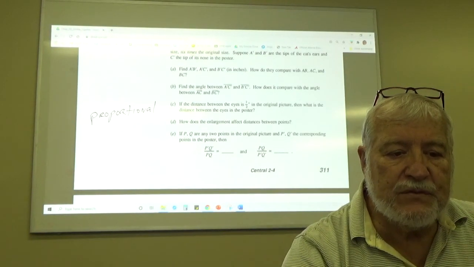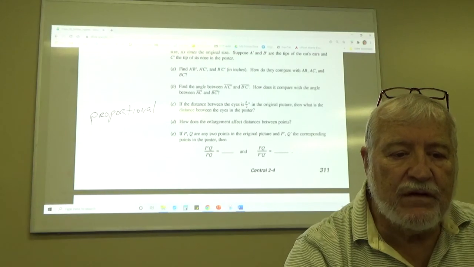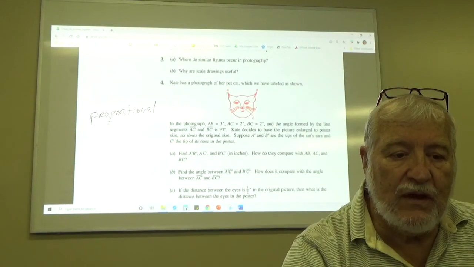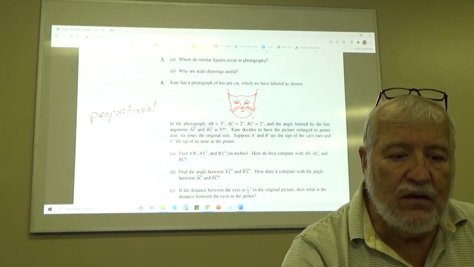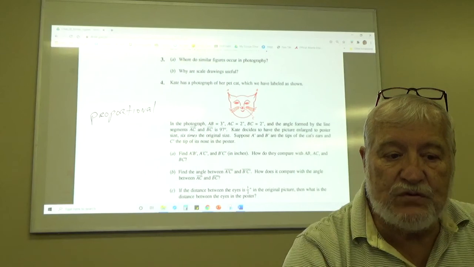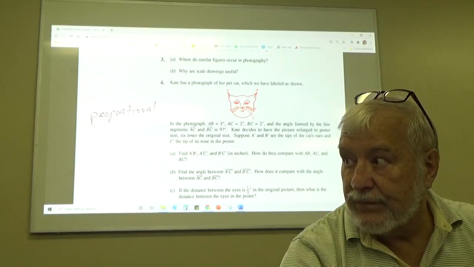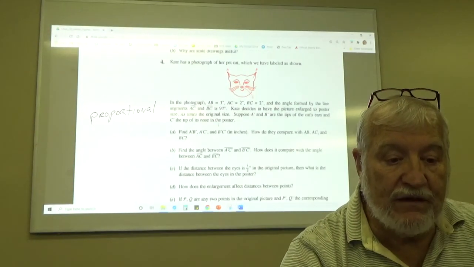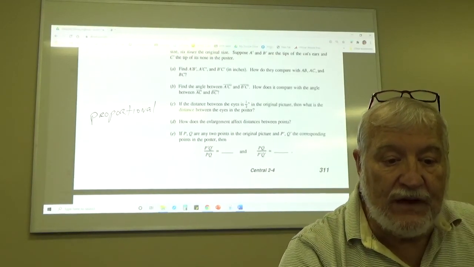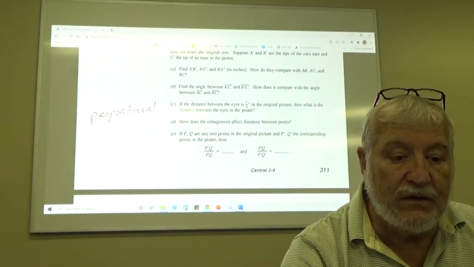If the distance between the ears is 1/2 the original picture, okay, so if you have this particular triangle, from A to B is this. So what is 1/2 of that? 1.5. All right, and I think that's the value you have to bring down into here.